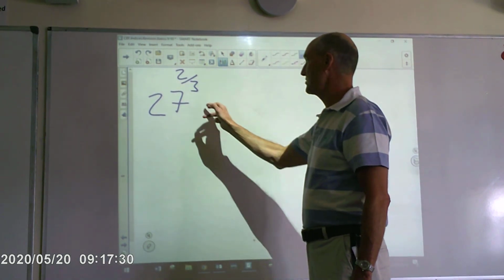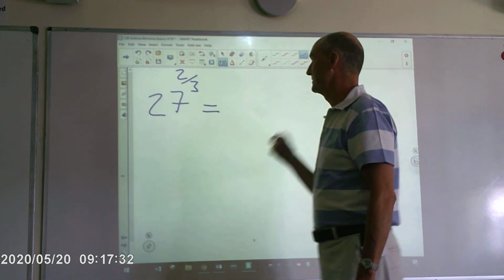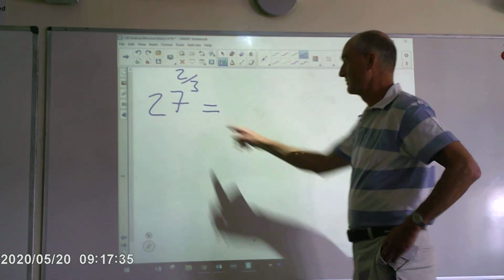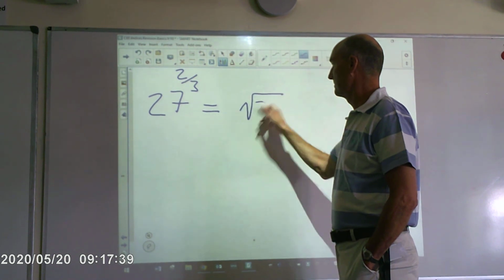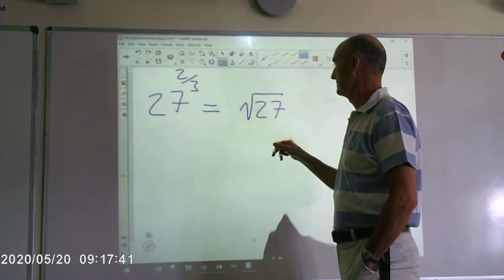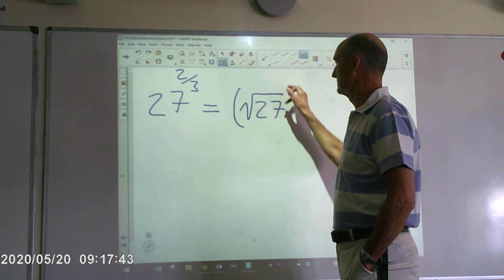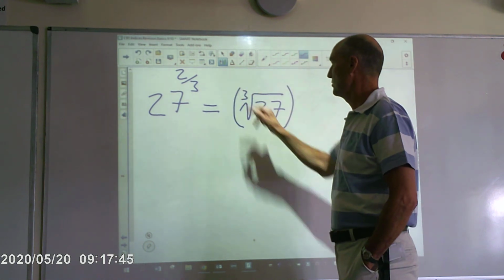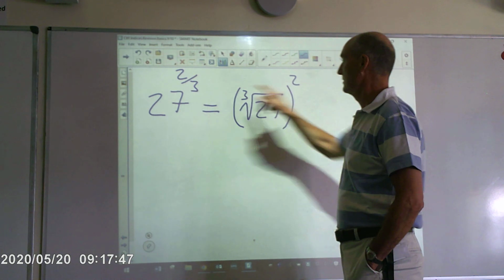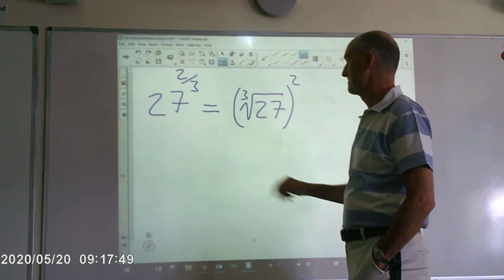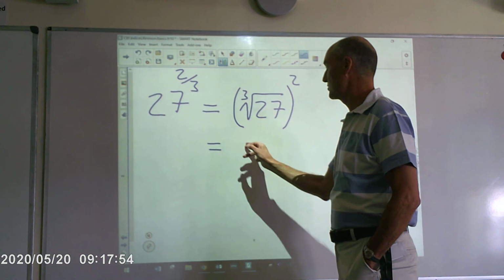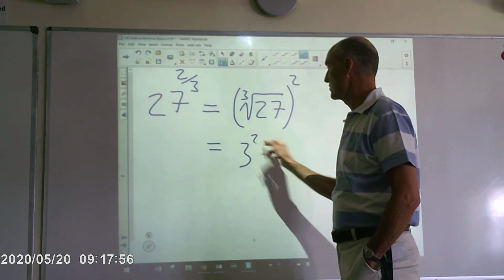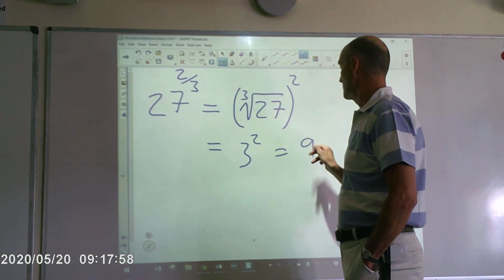What that means is we take cube root of 27 and then square it. So cube root of 27, I've already talked about, is 3. 3 squared is 9.